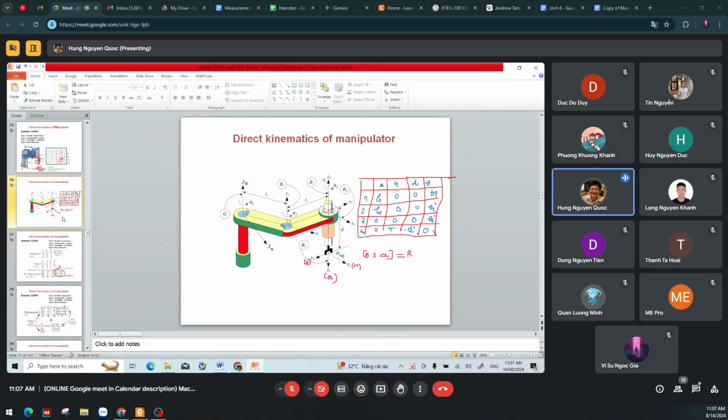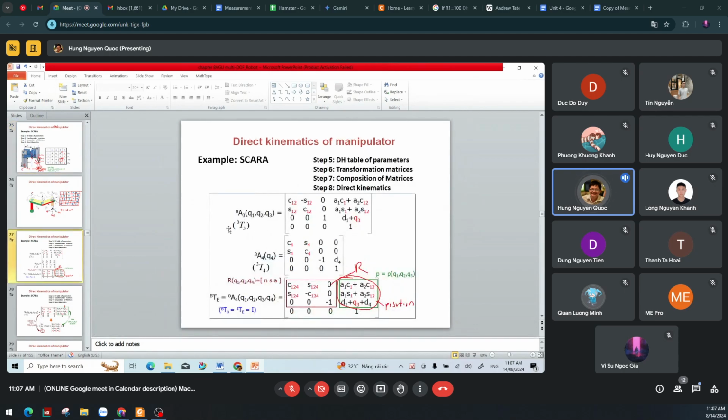And then look at this one. You can make T03 equal to T01, T12, T23 or something like that. You can check T01.